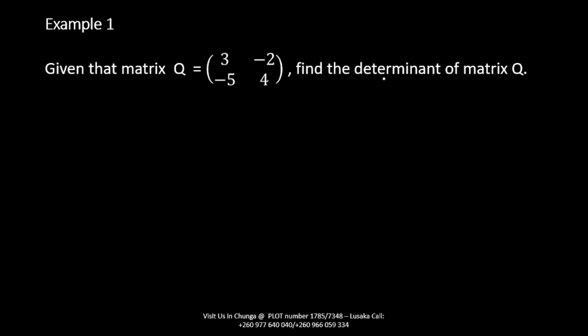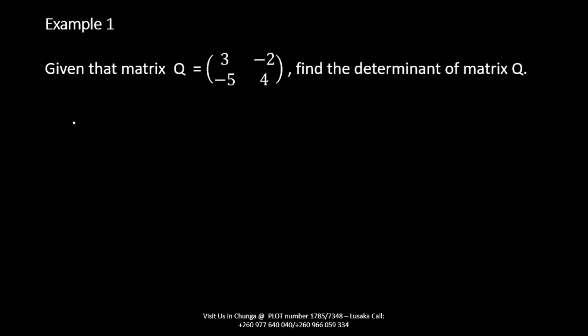Now find the determinant of matrix Q. So if you look at this matrix very well, we are able to see that in the major diagonal, the elements that we have are 3 and 4. Then in the minor diagonal, the elements that we have are -5 and -2.